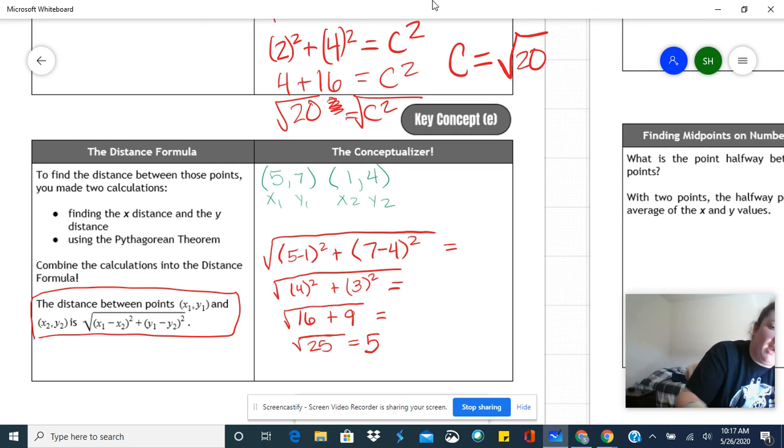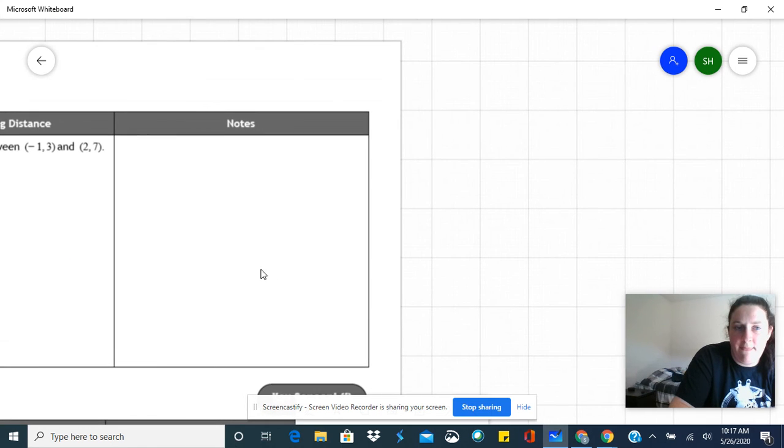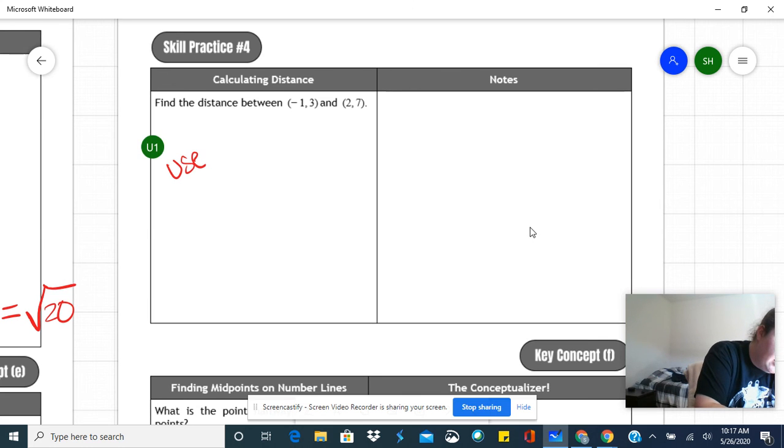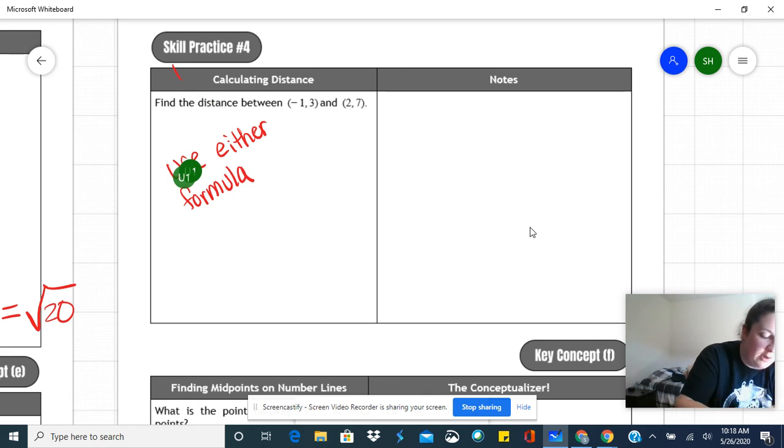For this skills practice, I'm doing it on my paper, but not yours. You can use either formula, okay?